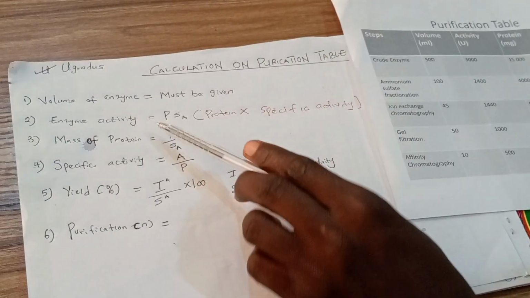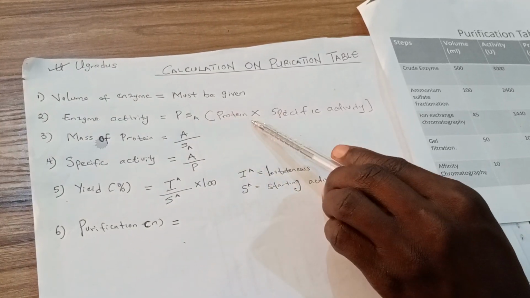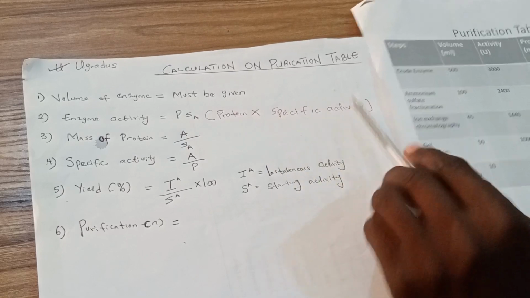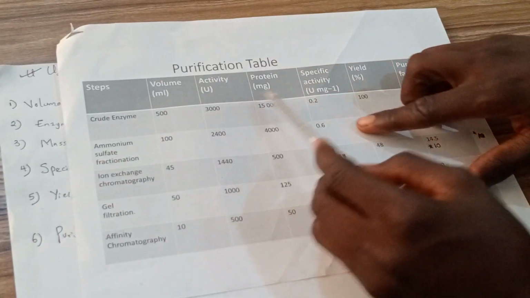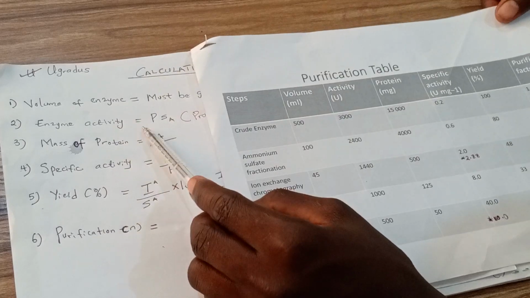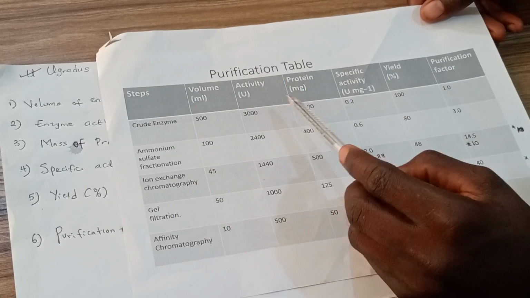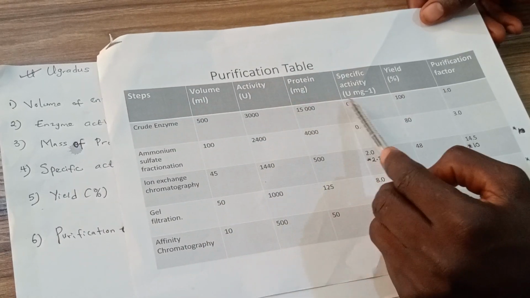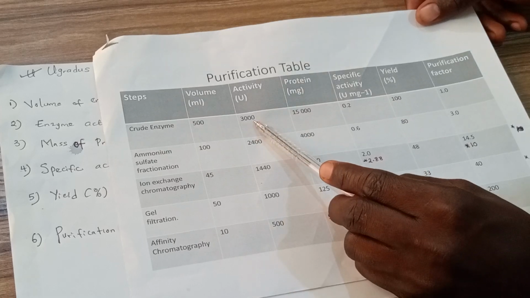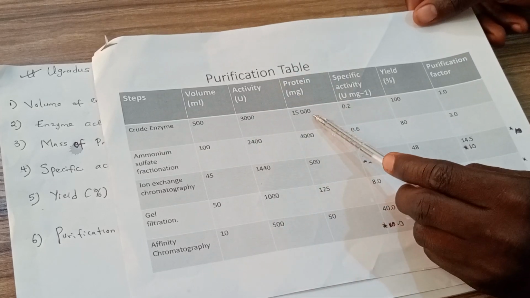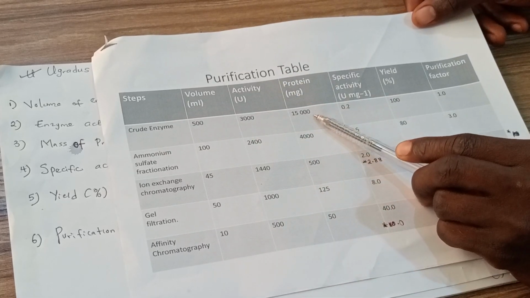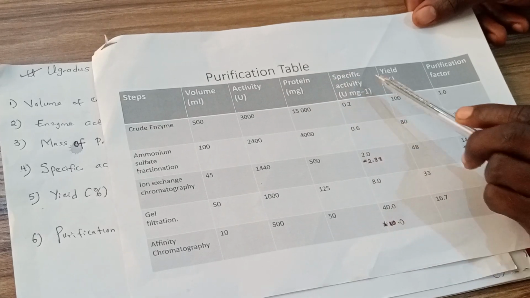So let's take this table now. I said enzyme activity equals PSA, which means protein times specific activity. So let's look at how we can calculate the enzyme activity of crude enzyme. The enzyme activity of the crude enzyme is 3,000. So how can we get it? You multiply the protein, which is 15,000, by 0.2, which is the specific activity.